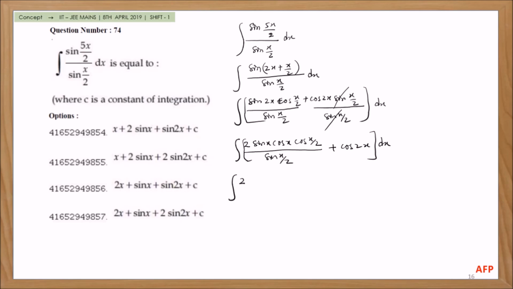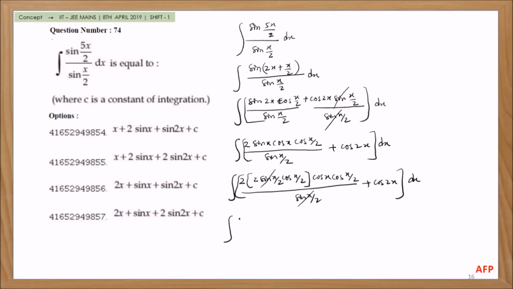Again 2 as it is, sin x we can write as 2 times sin(x/2) cos(x/2), times cos(x/2), whole divided by sin(x/2), plus cos 2x dx. Next, sin(x/2) will get cancelled, and write 2 as it is.